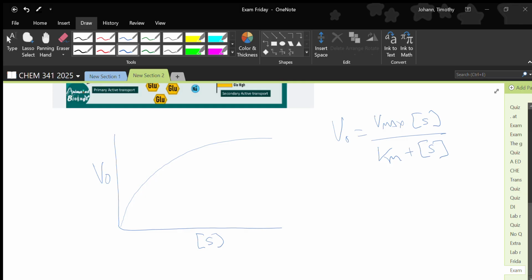And so in your experiments, what you did is you varied the substrate concentration, and then you measured something that was proportional to the initial velocity, right? The last ones you did, you measured a fluorescence, which you were measuring as a current, right? No, it was potential. The potential, so in millivolts on your voltmeter, okay?